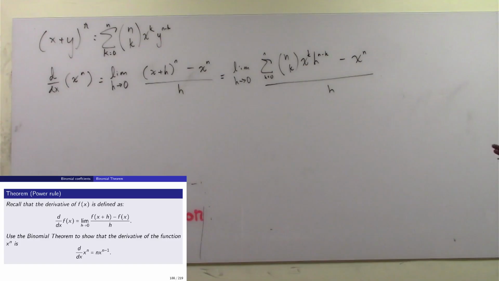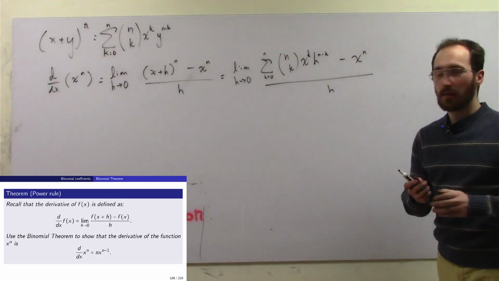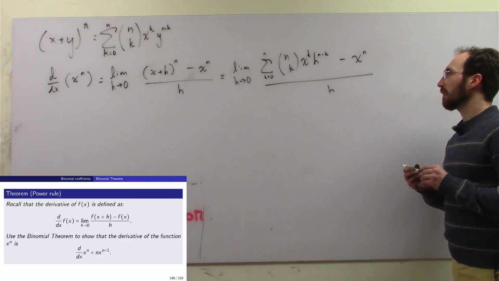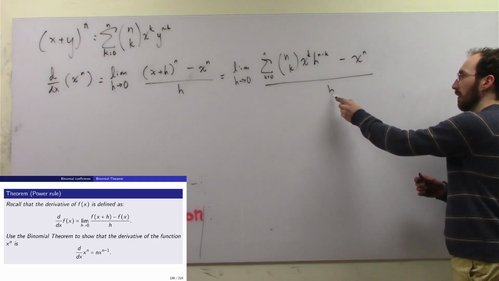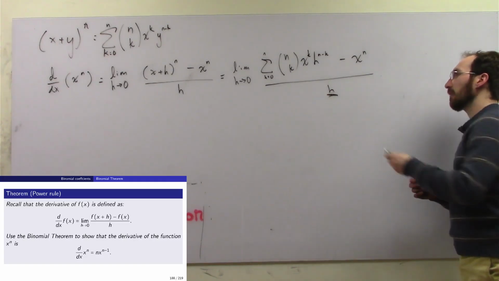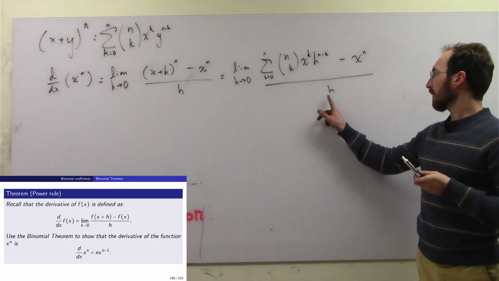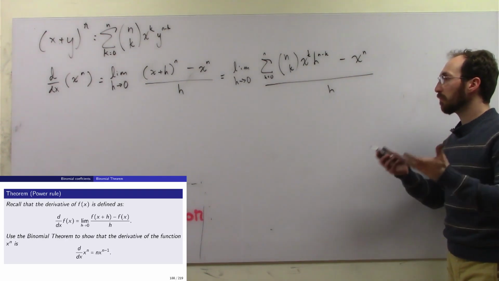What do I want to do here? Well, anyone who's done derivatives before knows it would be really great if I can get rid of this h here. If I can get rid of this h, then I can take the limit of this function, and I will end up with something.